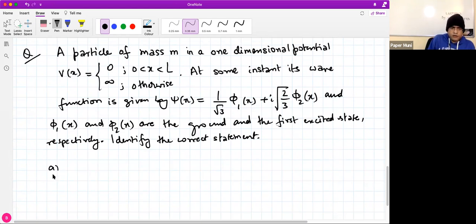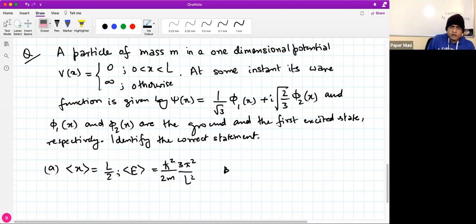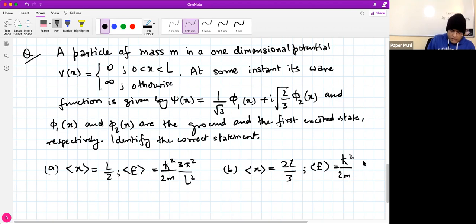The options given to you are: A, x is L by 2, and energy E is h cut square by 2m times 3 pi square by L square. B, x is equal to 2L by 3, and E is h cut square by 2m times pi square by L square.